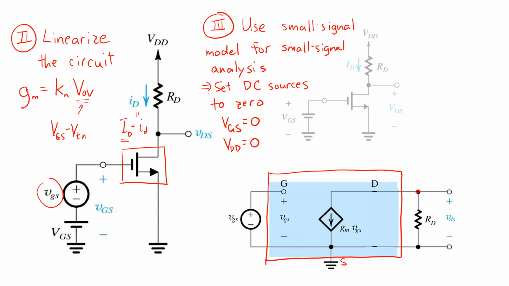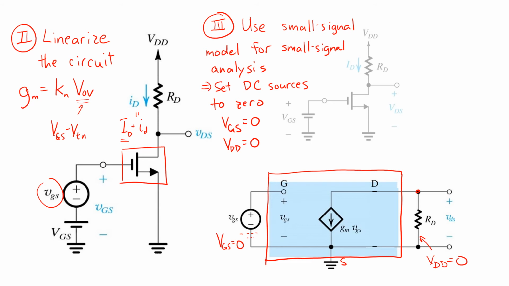The other terminal of RD is connected to VDD, as we know, but in this analysis, VDD is set to 0 because we're just doing the small signal analysis now. And there also used to be this source uppercase VGS here, but in this analysis, uppercase VGS is also set to 0. So we end up with a greatly simplified linear schematic to solve for here.